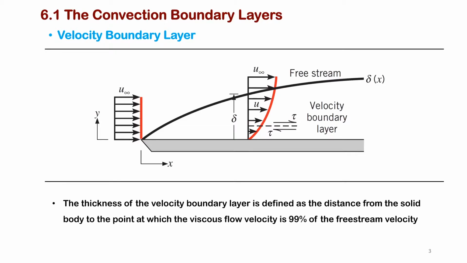So let's take a look at this figure here. Let's imagine that we have a fluid. Let's say it has a bulk velocity u infinity. For the sake of simplicity, let's assume this is 100 meters per second, okay? So this is the velocity of the bulk stream.